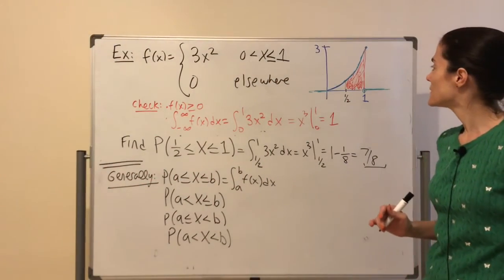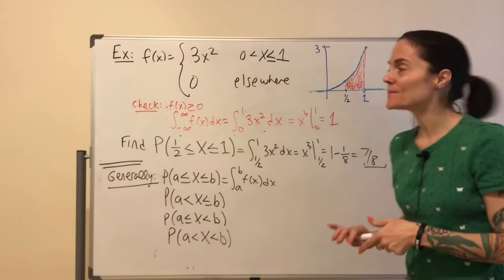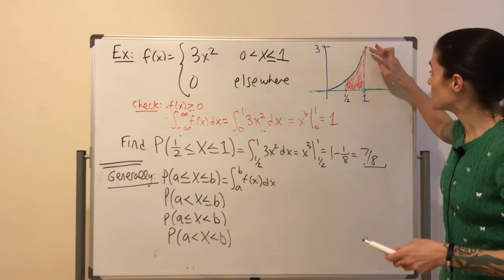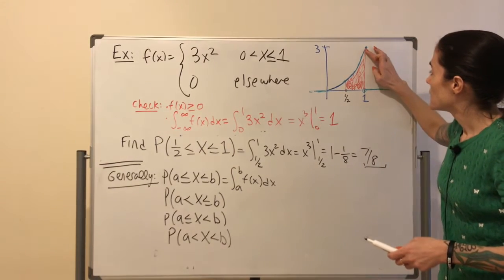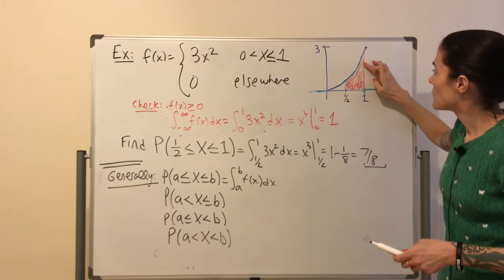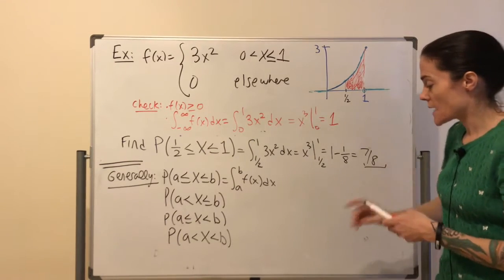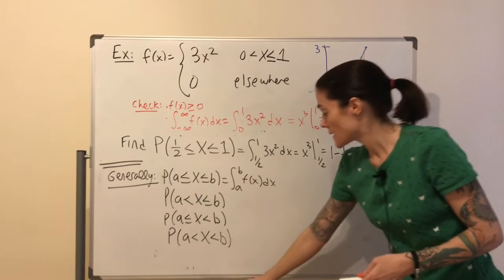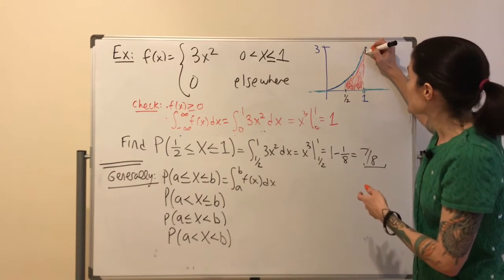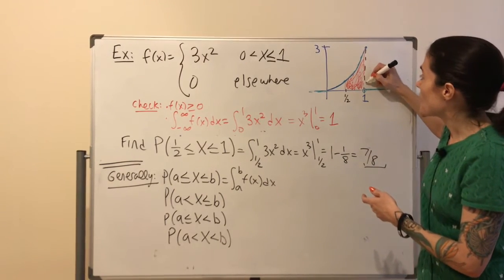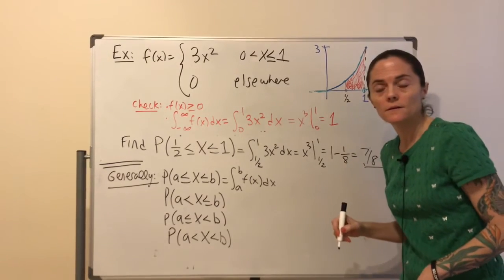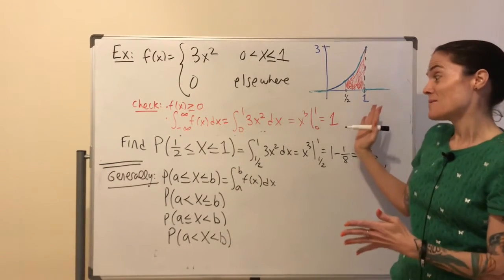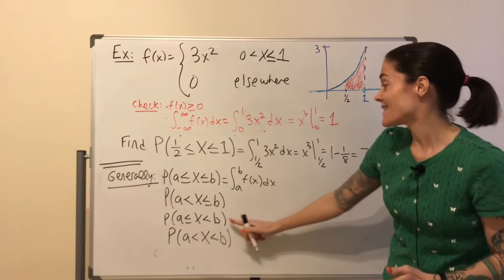Well, if we think about area, what happens if I just remove this one line right here? And I change that, and instead of having it be a solid line, maybe I'll do it in black, it's now dotted. What happens to this area? What's in my picture now would be this one.